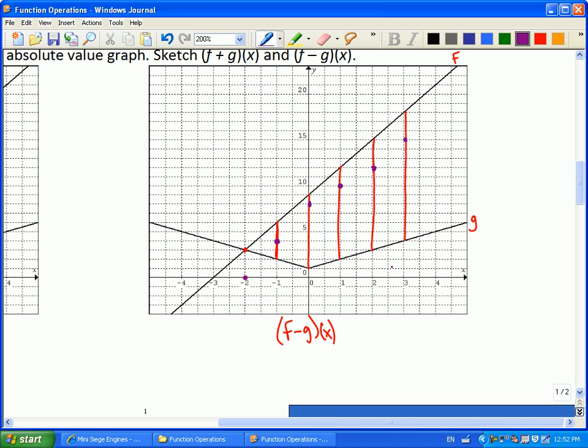Oh, that's why. 4 high. So it should be 14. So 14's there. Okay, so I have the first line about like this, and then it changes on that side. So that purple graph is the one which represents their subtraction.